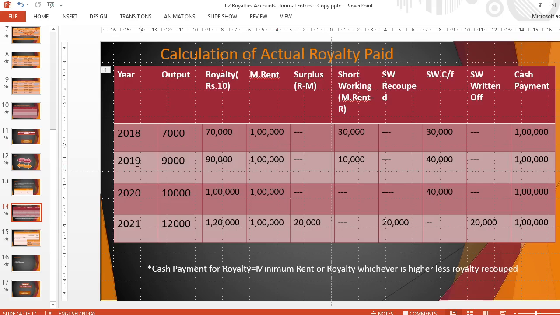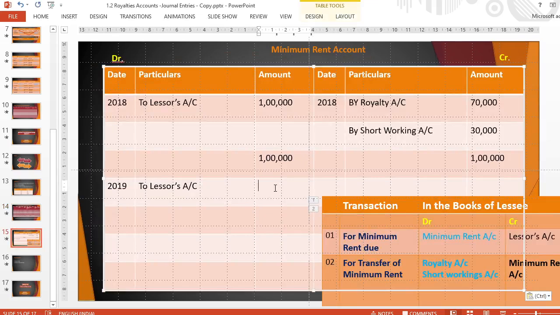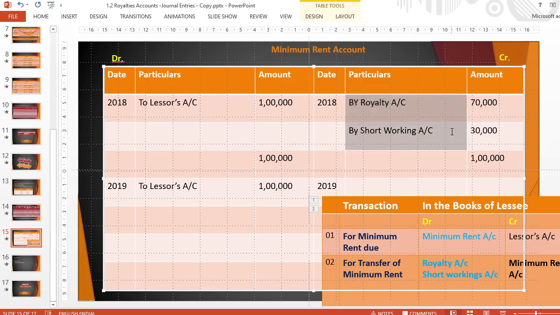Minimum rent for the year 2019 is rupees 1 lakh, so I'll write 1 lakh rupees. And on the credit side, the same transaction repeats for transfer of minimum rent. We should transfer this minimum rent to royalty account and to short workings.